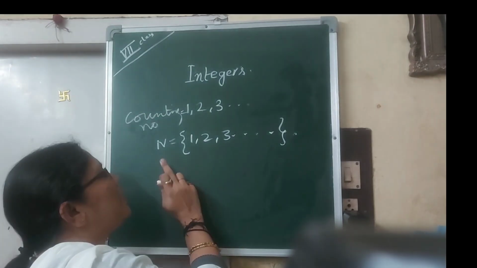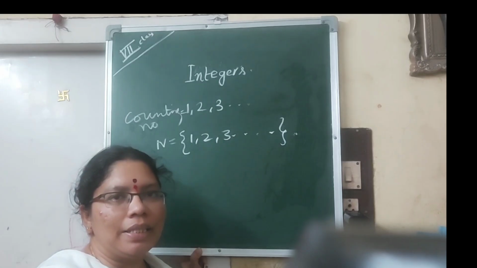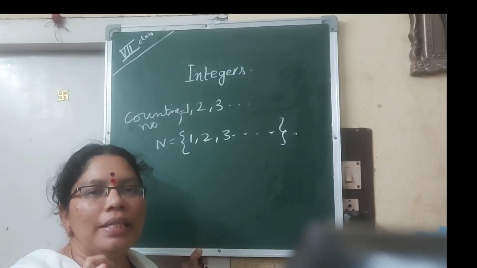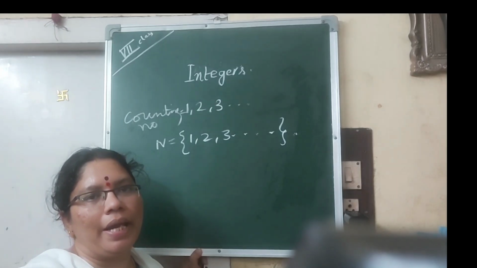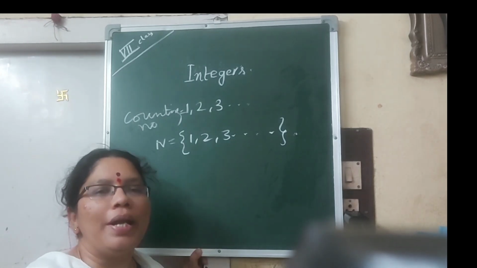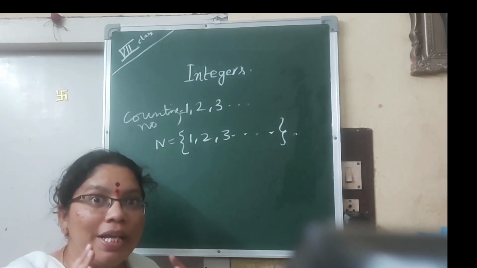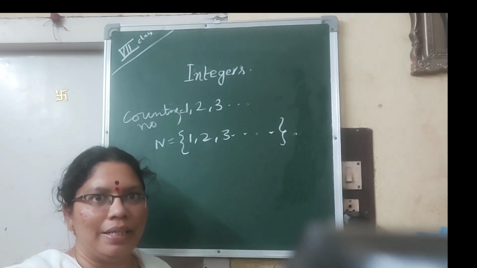So, to make this set complete, we include 0. By including 0 in the natural number set, we get the whole number set. By that, the counting number set is completed.